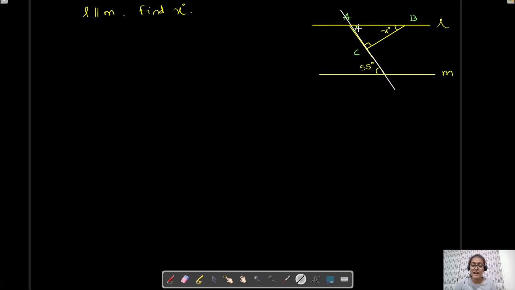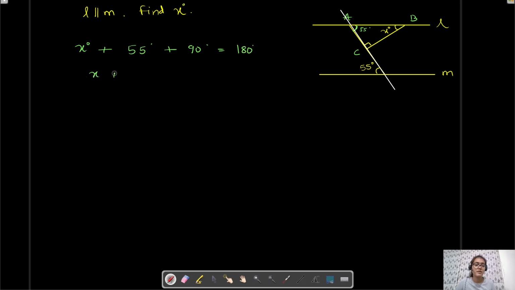So 55 and this angle A are going to be alternate interior angles, and alternate interior angles are congruent. So this angle is actually 55 degrees. Now we can find the measurement of x. We know that x plus 55 plus 90 is equal to 180 degrees.